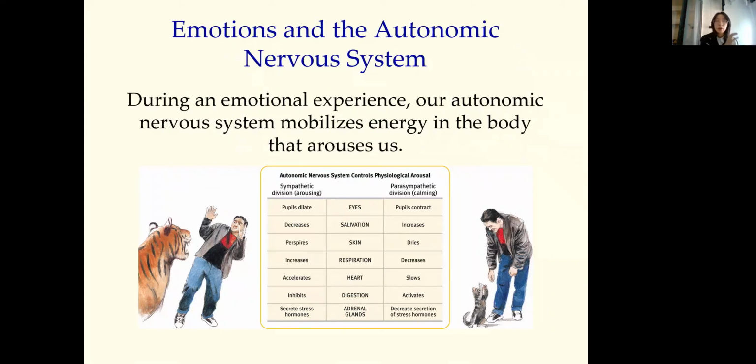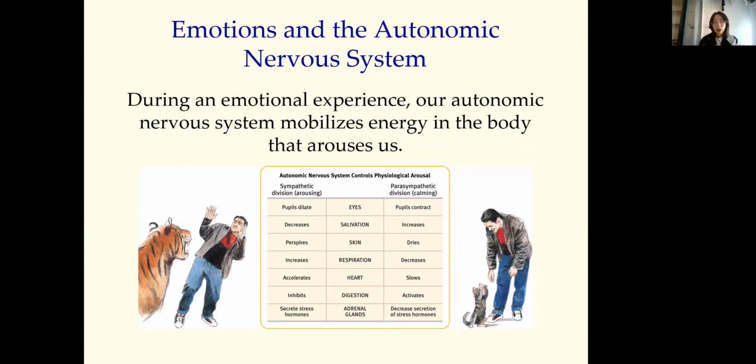These body reactions are very similar to the reactions when we are excited. So when we are scared and when we are excited, the reactions of these body parts are very similar to each other. And think of another scenario when there is a little kitty and it's very cute and we feel very calm, very satisfied, we're happy.